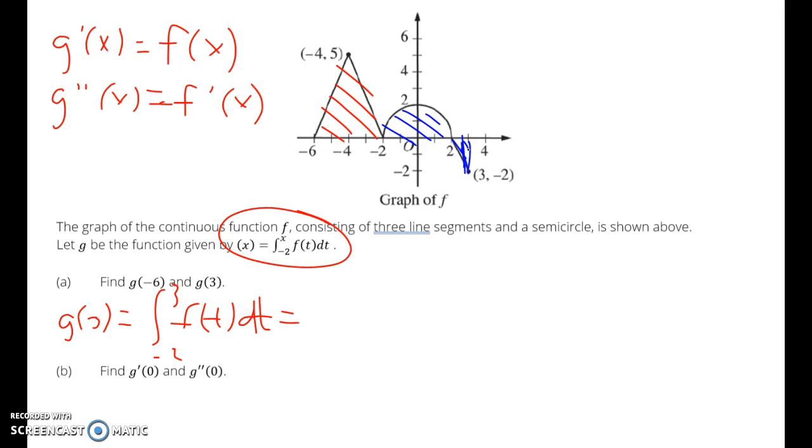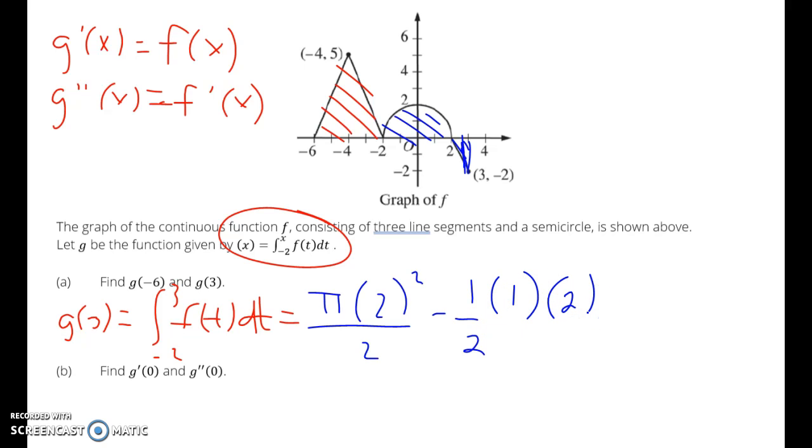So the semicircle formula, that's going to be pi times my radius squared over 2. The radius here is 2, minus that little triangle, which is going to be 1/2 the base of 1 and the height of 2. Because this part's going to be free response, there's no need to do anything else with your answer. If you're dying to get something simplified, it's 2 pi minus 1, but I wouldn't recommend it.